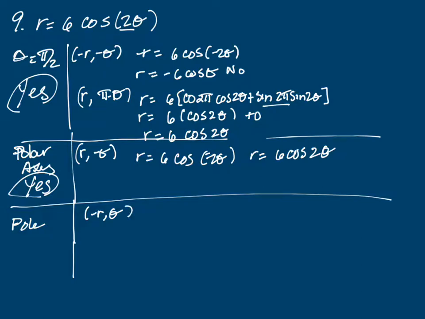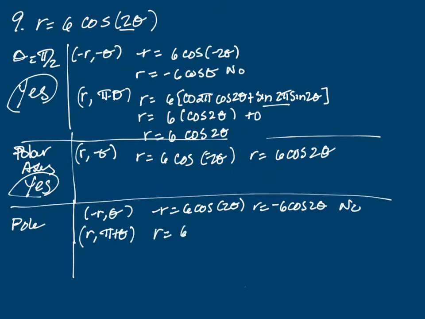So you would say negative r equals 6 cosine 2 theta, which is r equals negative 6 cosine 2 theta. So that's a no. Then I check r and I check pi plus theta. So I get r equals 6 cosine 2 pi cosine 2 theta minus sine 2 pi sine 2 theta.